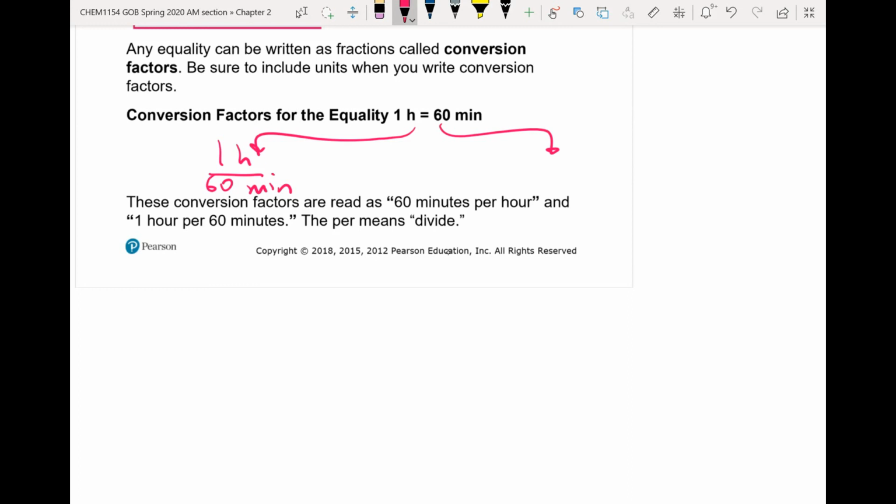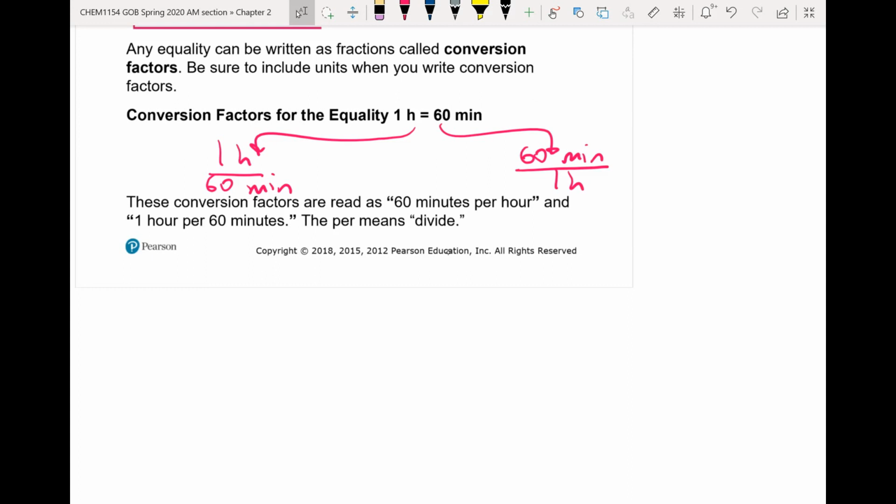And the other one is simply doing the opposite. So take that first one and flip it upside down. And we end up with 60 minutes for every 1 hour. So we can read this as 1 hour per 60 minutes. And this one here is 60 minutes per hour.